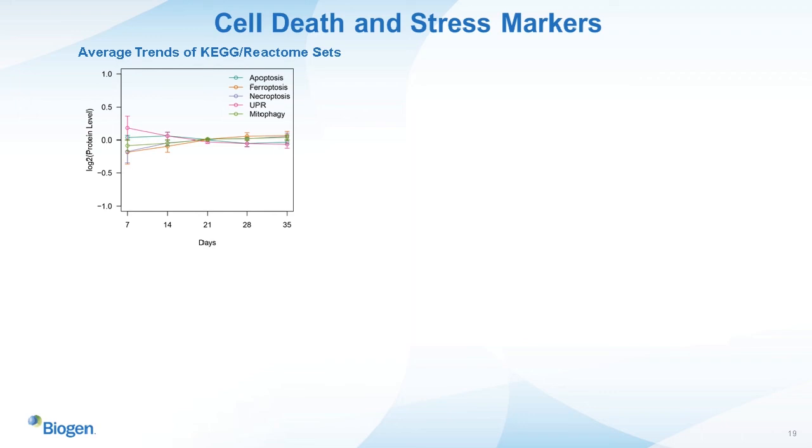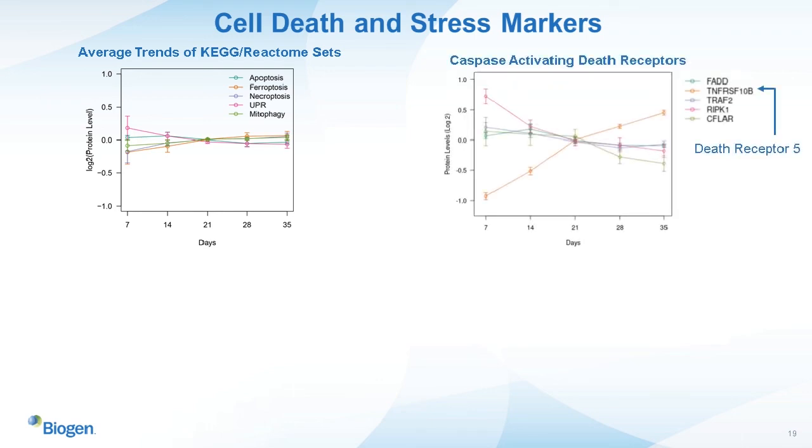Last but not least, we were very interested in the health of our cells, and to that end we looked into particular categories related to cell death and stress. When you look at these protein subsets, you will appreciate that most of them stay at a fairly stable level throughout our time course experiment, up to 35 days in vitro. However, a particular subclass, namely caspase-activating death receptors, showed a little more variance.